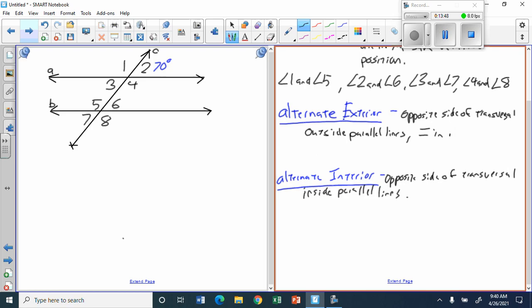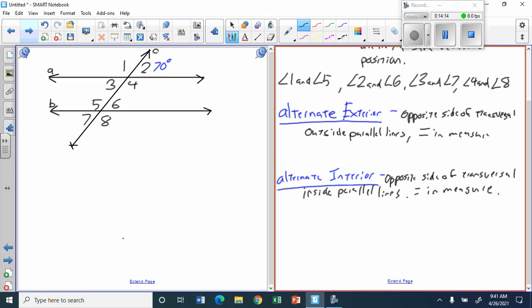Equal in measure. I'll give you a chance to get that down. Alternate exterior: opposite side of transversal, outside of parallel lines, equal in measure. Alternate interior are going to be opposite side of transversal, inside parallel lines, equal in measure.